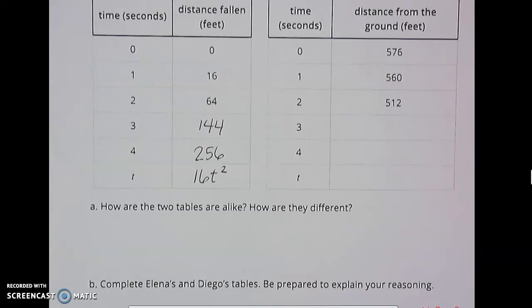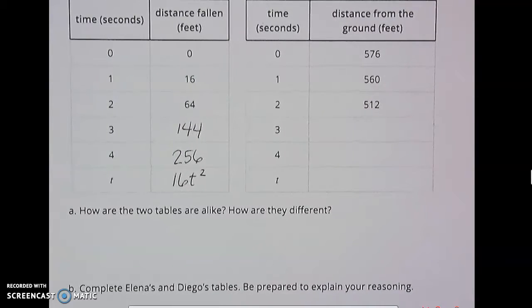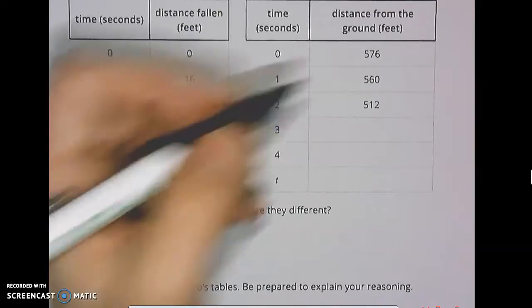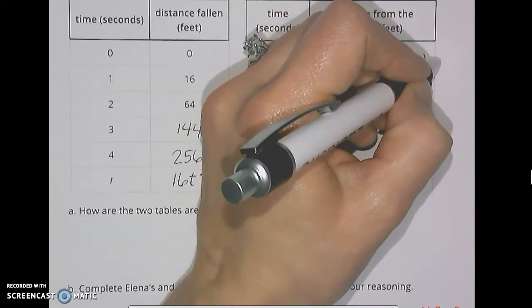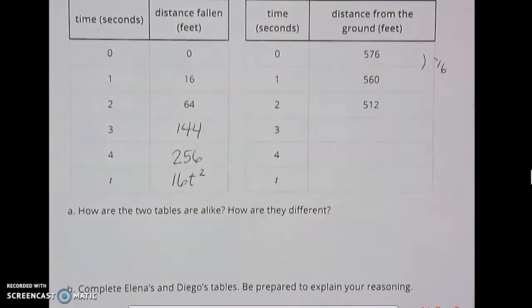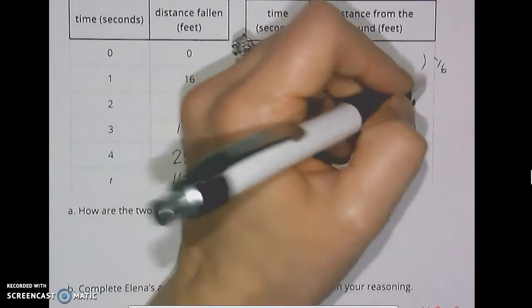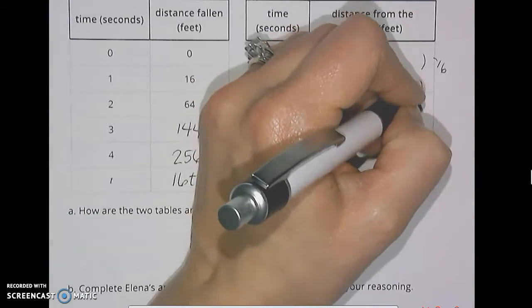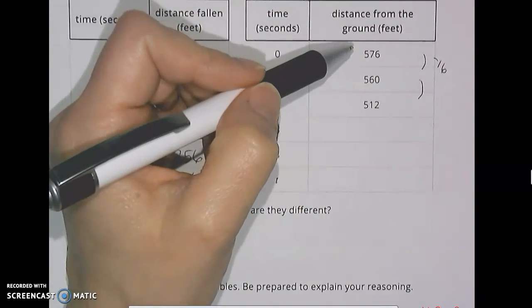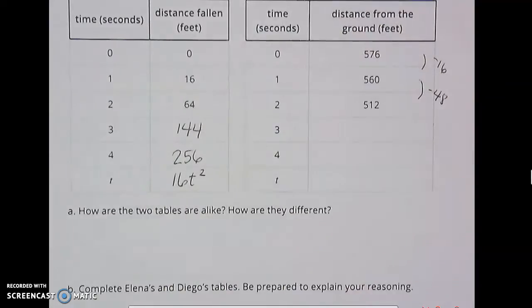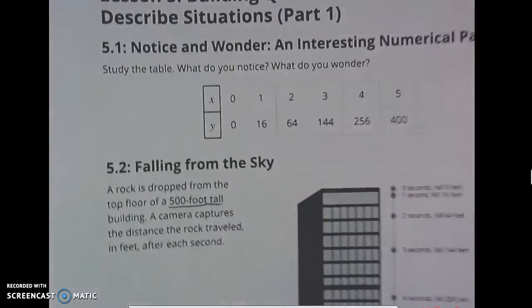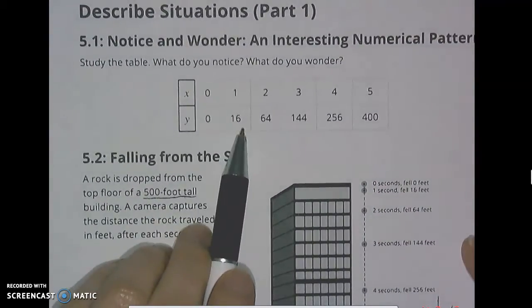Okay? Now, Diego, when we're looking at his, if it's fallen for 1 second, it's fallen 16. So we would be subtracting 16. And then in the next bit here, it's fallen 48. Because if you're looking at this, from 0 to 16 is 16.